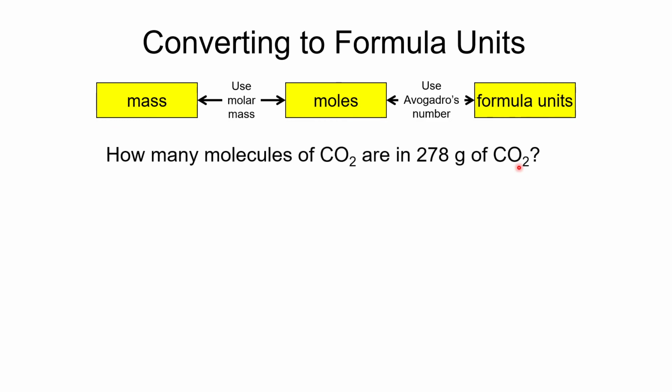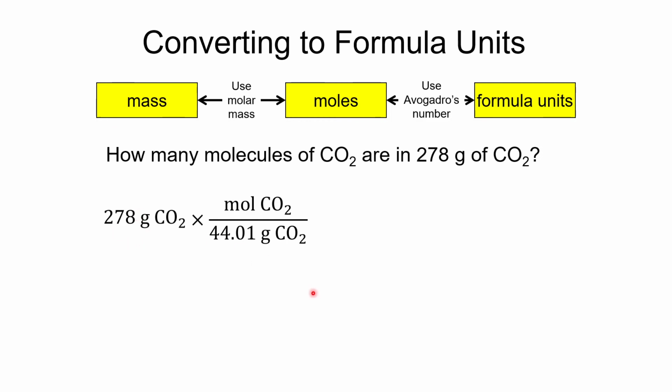And so here's a question we might want to answer. How many molecules of carbon dioxide are in 278 grams of carbon dioxide? Well, we'll start with our mass. And every time we go from one box to another, we'll use whatever is in the middle as our conversion factor. So 278 grams, we will multiply or divide that by the molar mass of carbon dioxide. The molar mass of carbon dioxide we saw a little bit earlier was 44.01.